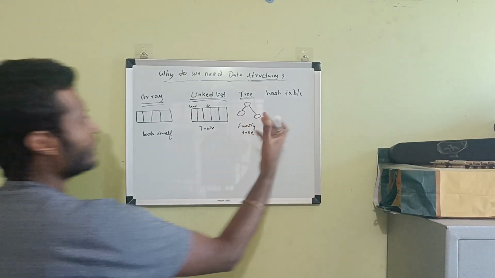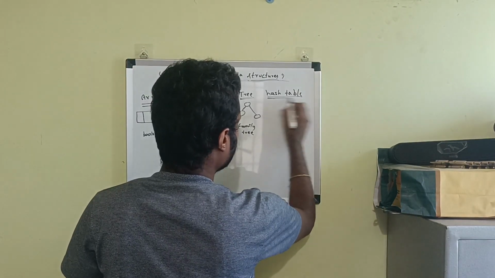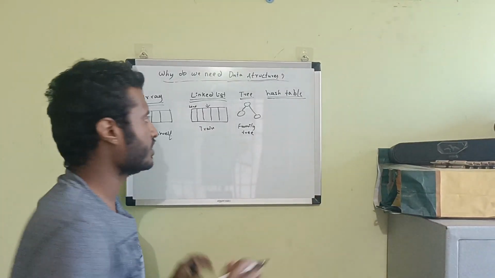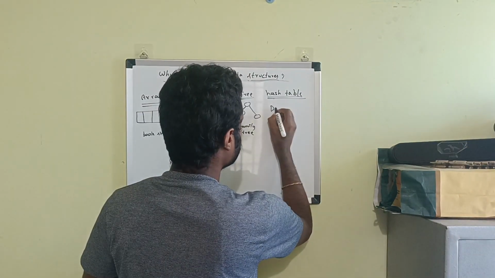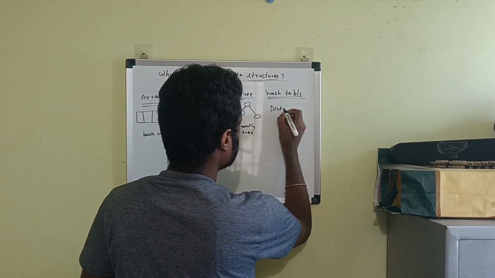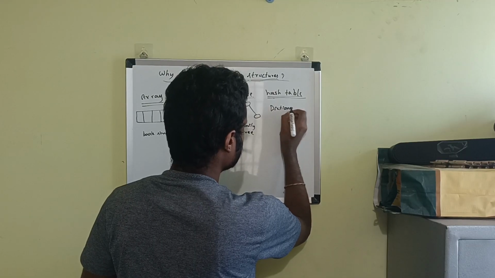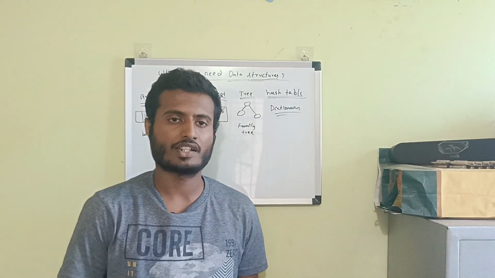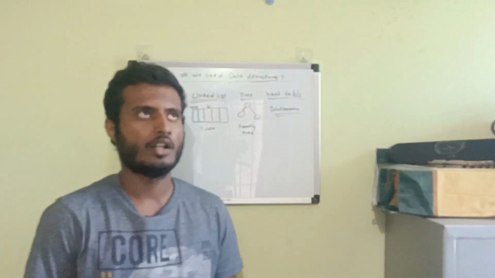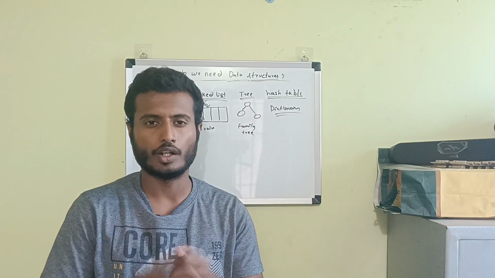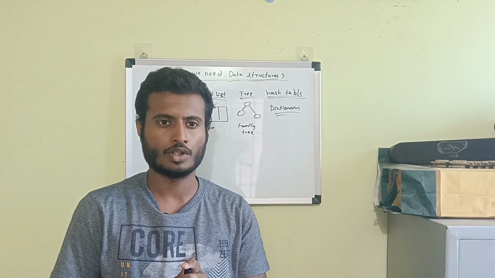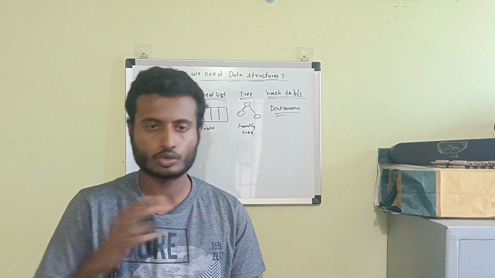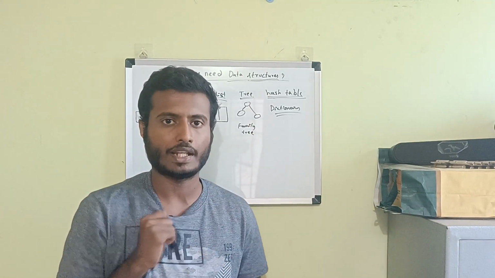So for hash table, we can just imagine a dictionary. What does a dictionary have? For example, if you have to find a word in a dictionary, what do you do? Do you go through all the pages, or do you see the index?